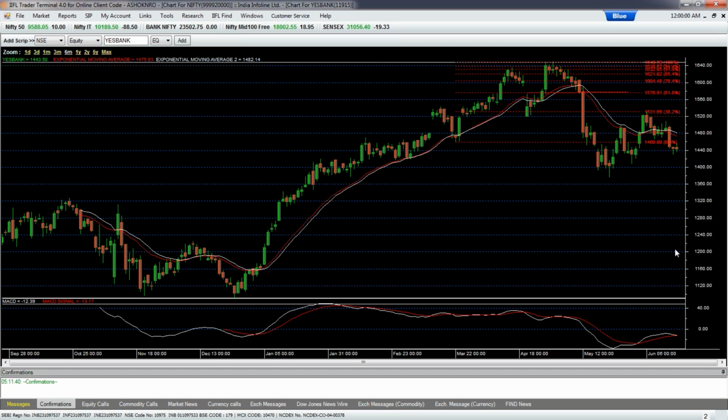The news readers will ask him, now that the market has fallen this much, do you expect the market to move much lower? And he says, I can't say that, because it has to happen on the charts rather than just saying it off. If it has to happen, it will show on the charts, and when it shows on the chart, I will show it on the channel. That is what he says.